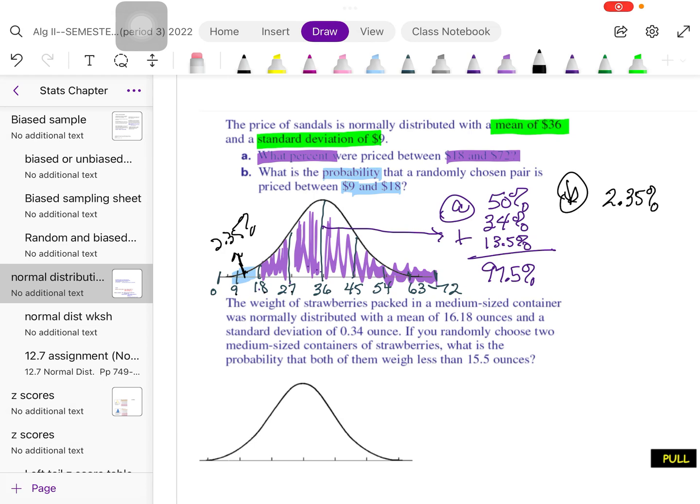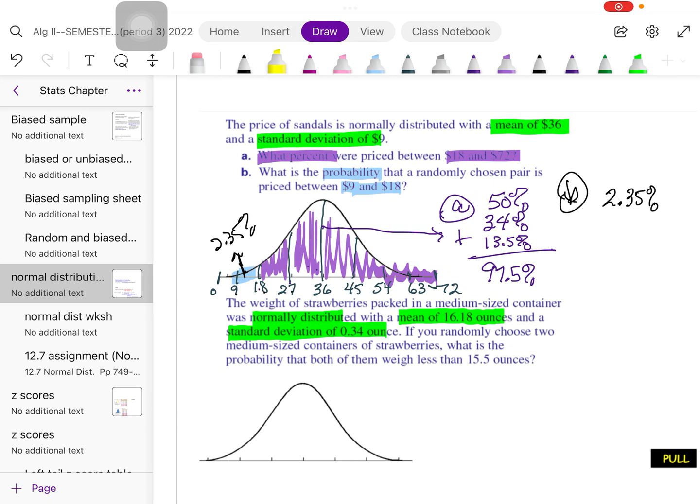Okay, let's try another one. This time, the weight of strawberries packed in a medium-sized container is normally distributed. That means our bell-shaped curve. A mean of 16.18 ounces and a standard deviation of 0.34 ounces.